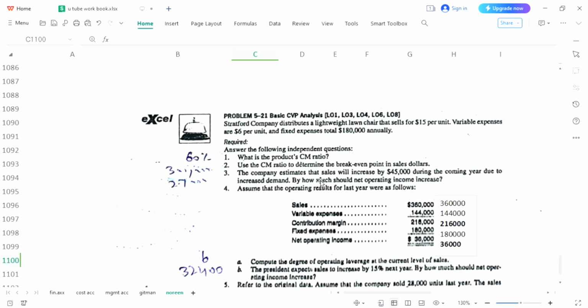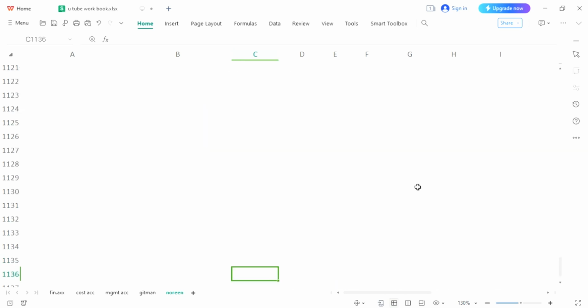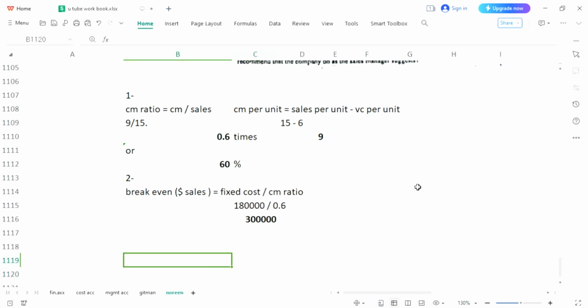The company estimates sales will increase by 45,000 during the coming year due to an increase in demand. By how much should net operating income increase? Obviously, you will have to make an old income statement, and then there will be an increase. So for the third, we are going to calculate a few helping statements.